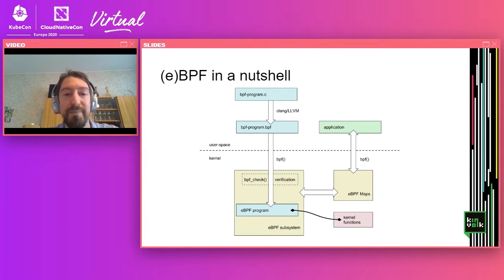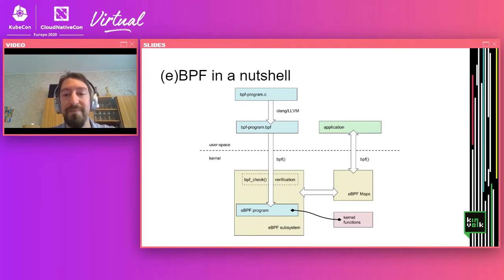The bpf system call will return a file descriptor that represents your BPF program. But so far, it doesn't do anything until this BPF program is attached to something in the kernel. It can be attached with kprobes to some kernel function or to the network stack at different layers.